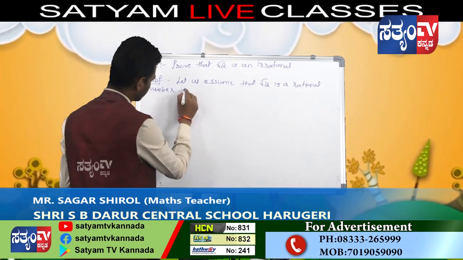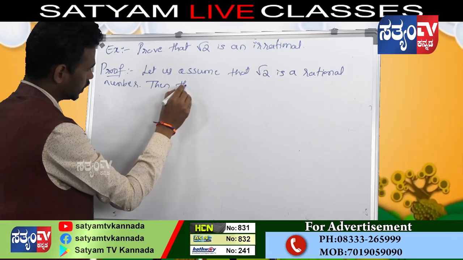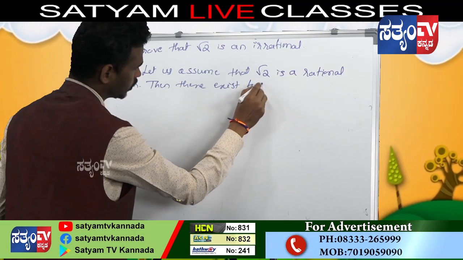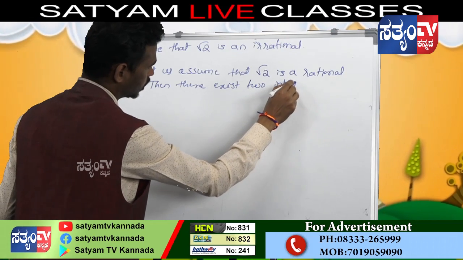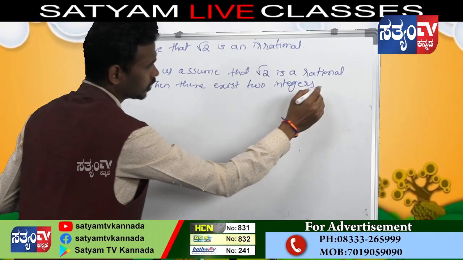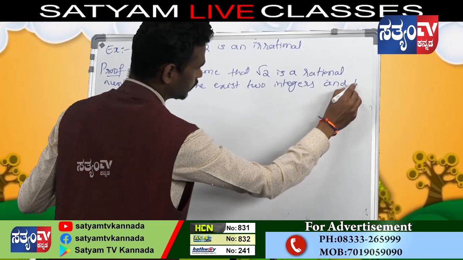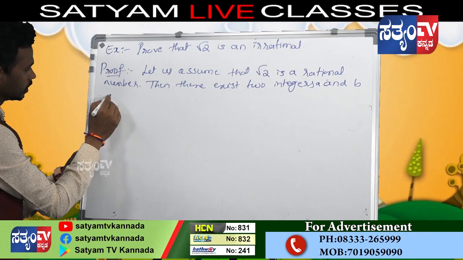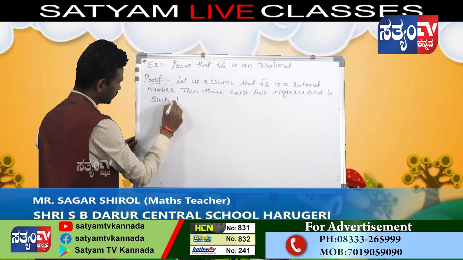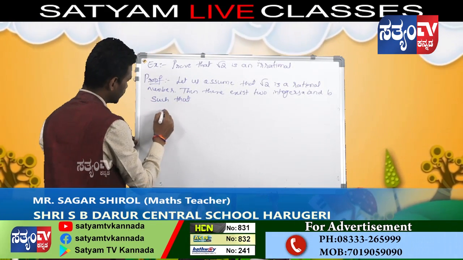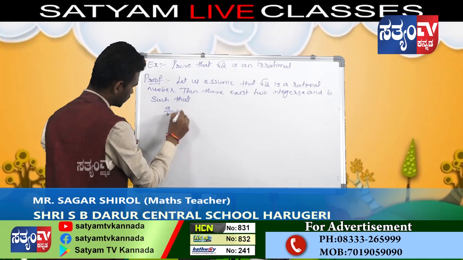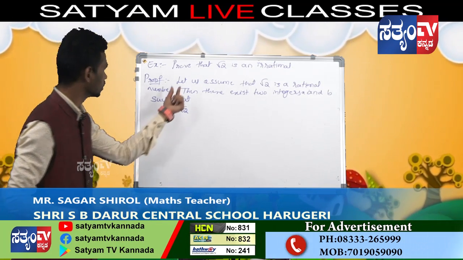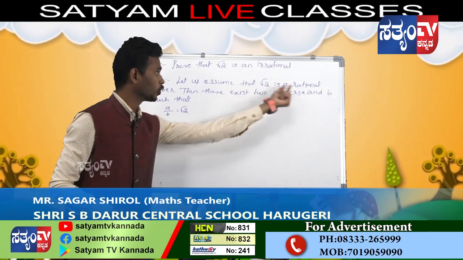So then there exist two integers A and B such that A by B is equals to root 2. Why this one? Because we have assumed that root 2 is a rational.